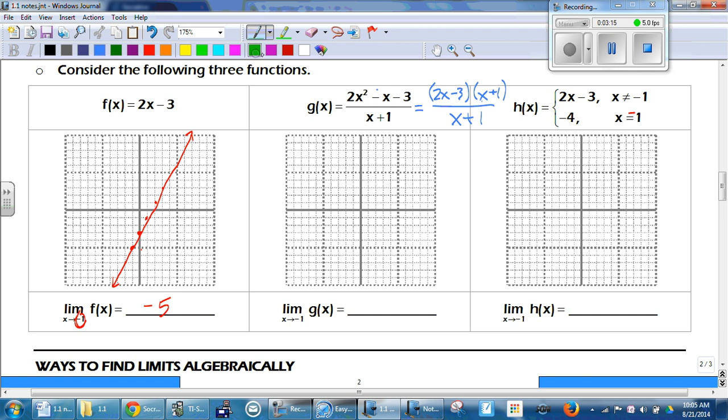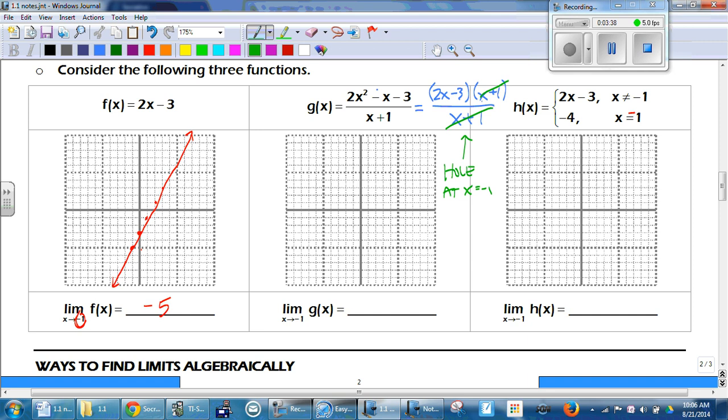And our factors cancel. So again, when those factors cancel, that means there's going to be a hole at x equals -1. So whatever makes those 0, right? And we saw that if we put -1 in here, it's going to be 0 in the denominator. So we have a hole at -1.